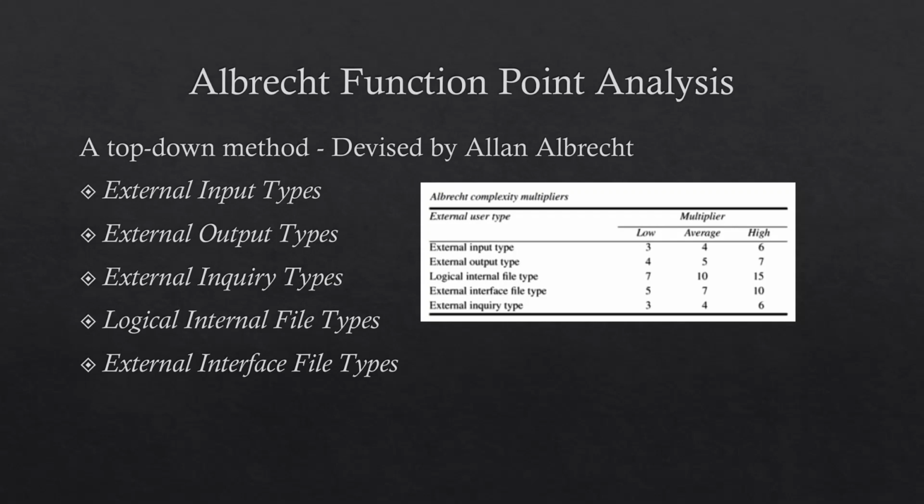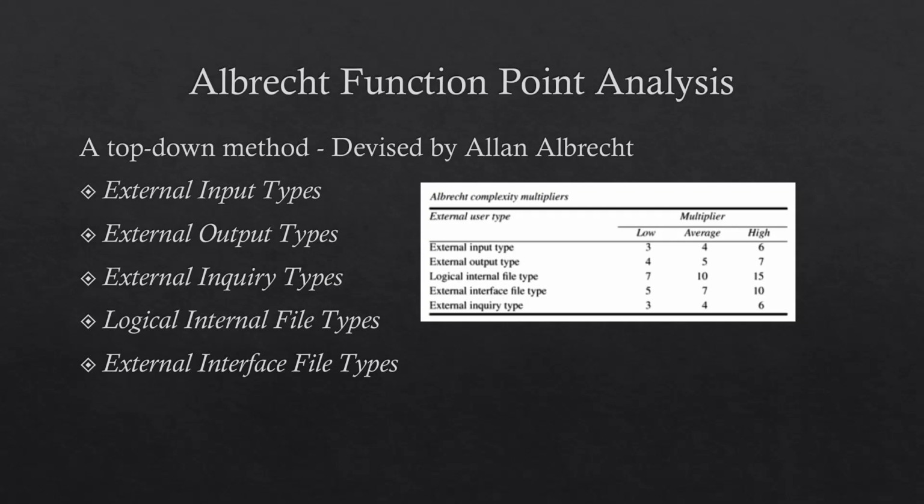The table shows the 5 external user types along with the corresponding multiplier values. The count is multiplied by the specified weights to get the function point score. Then the function point scores are summed to obtain an overall function point count.